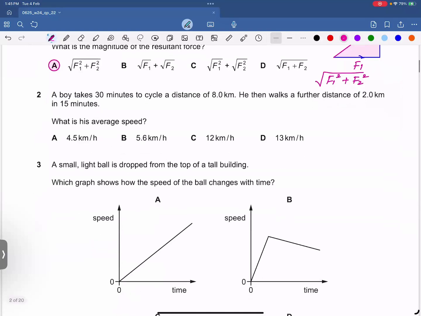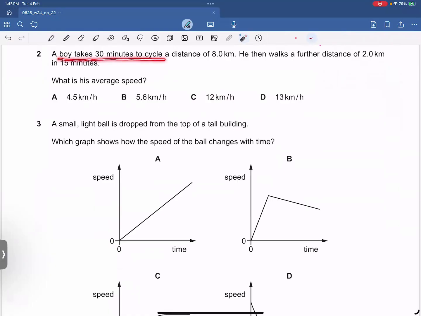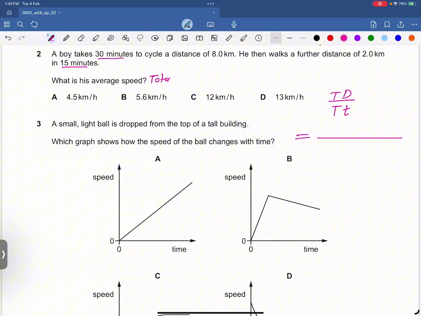Proceed to question 2. A boy takes 30 minutes to cycle a distance of 8 kilometers. He then walks a further 2 kilometers in 15 minutes. What is the average speed? Average speed is total distance over total time. The total time is 30 plus 15, which is 45 minutes.